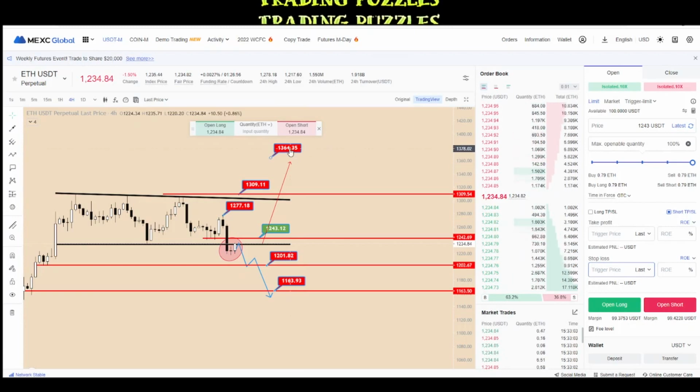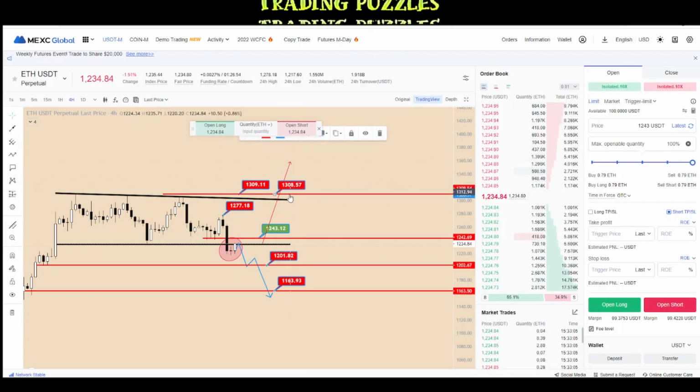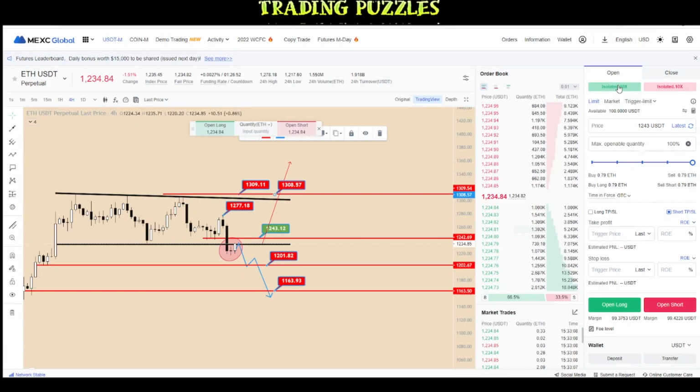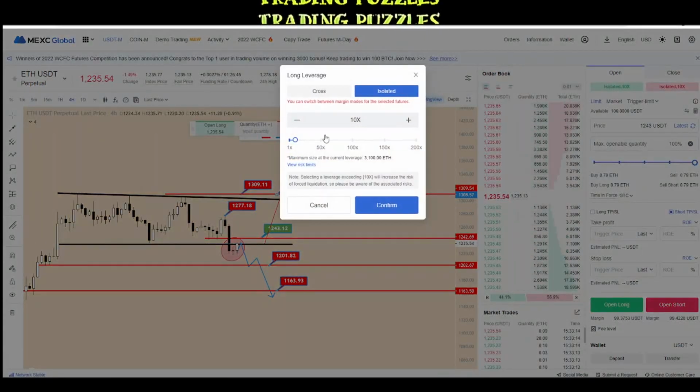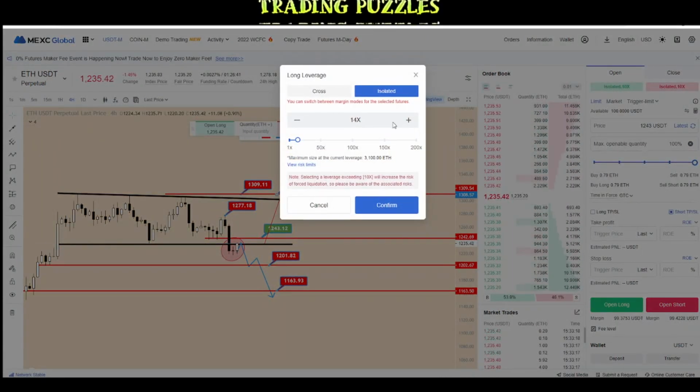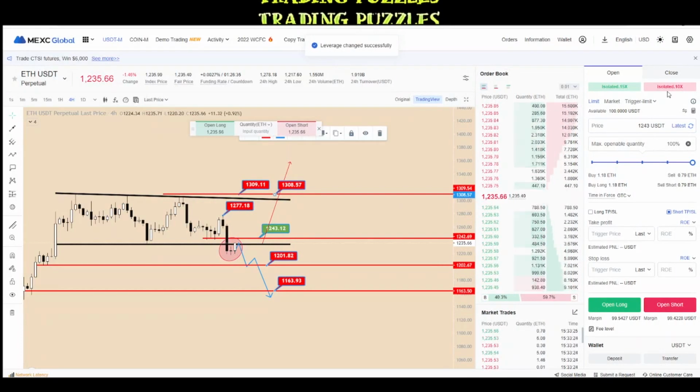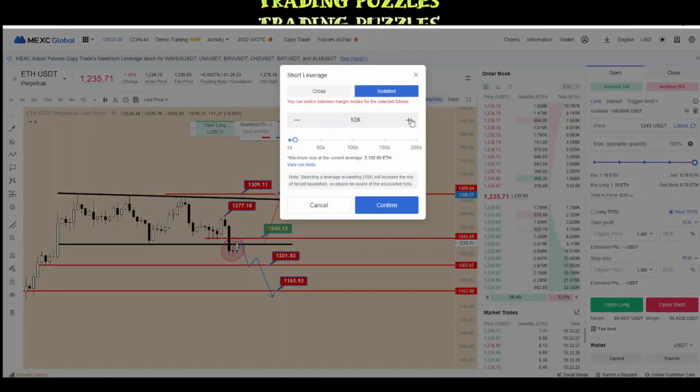I want to make it smaller, and it means that I can increase the margin here in order to make higher profits. So in this way I'm going to increase the margin. Probably let's try to 15. This is an easy way that I'm using. Let's confirm this. Let's change also the next one.